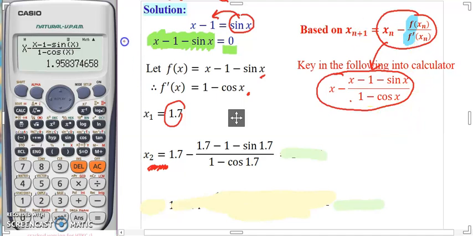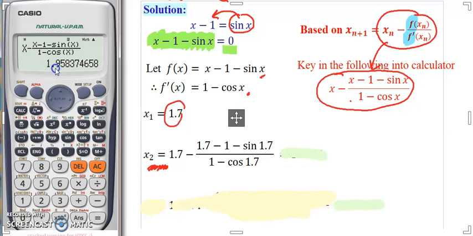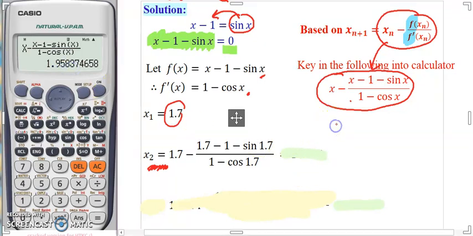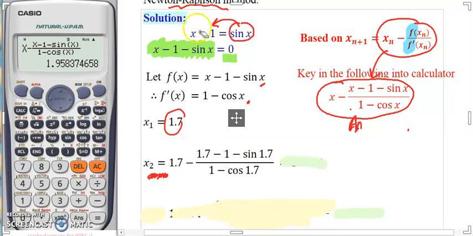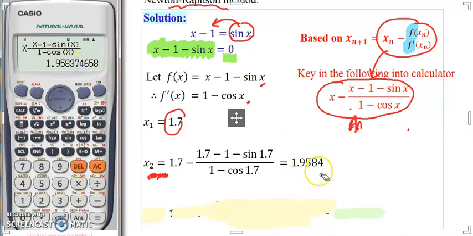If I round to 4 decimal places, I have 1.9584. Again, the final answer needs 3 decimal places, so in our calculation we give 4 decimal places. So the answer will be 1.9584, where I round off and get this result.